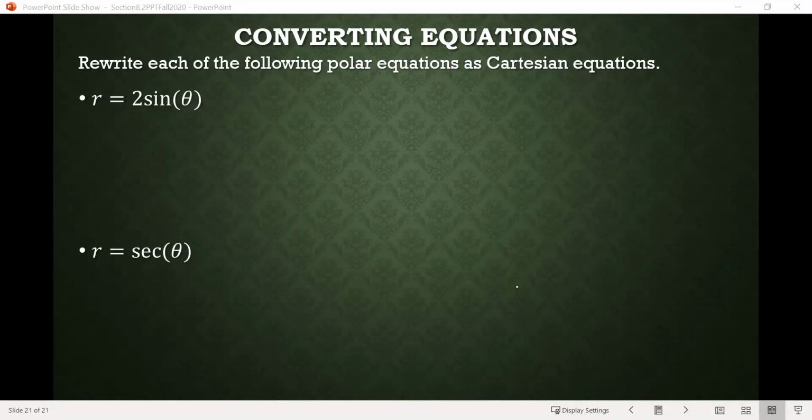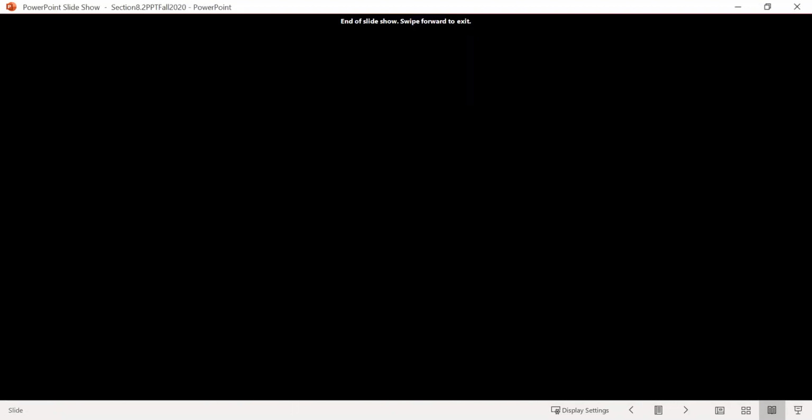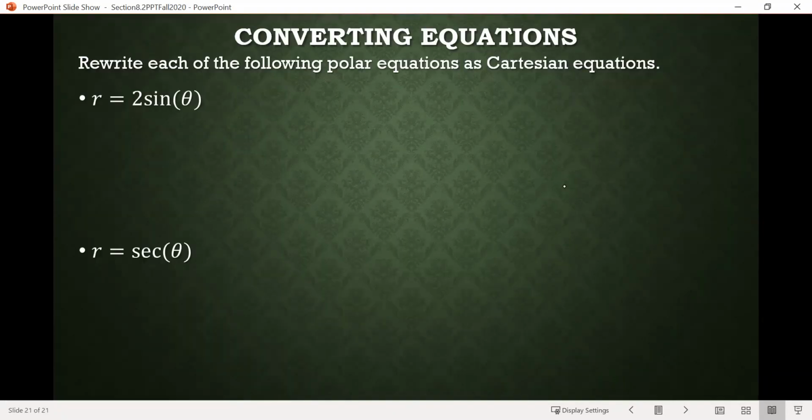So for r equals 2 sine theta. Well, in our identities, there wasn't one that could easily give us a value for r, so we can't do anything with that yet. But we do have an identity for sine, so we'll substitute something in there.